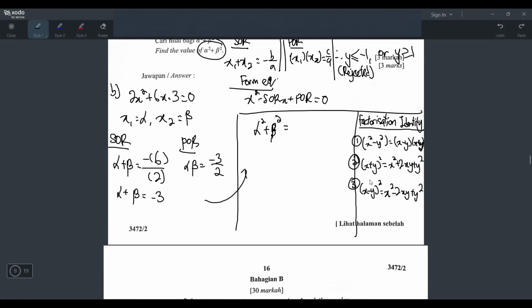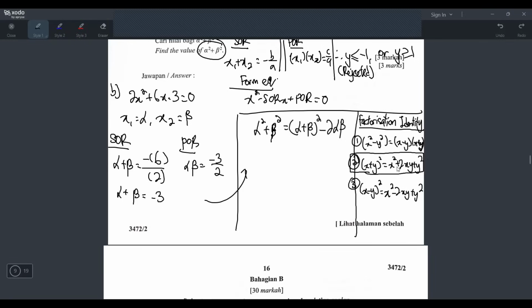And now we try to solve this question. And how we will do it is we will use which formula? This one. We will use this formula, right? But this one is alpha square plus beta square, right? So what you will write here is you will take the alpha plus beta square minus 2 alpha beta. Okay?